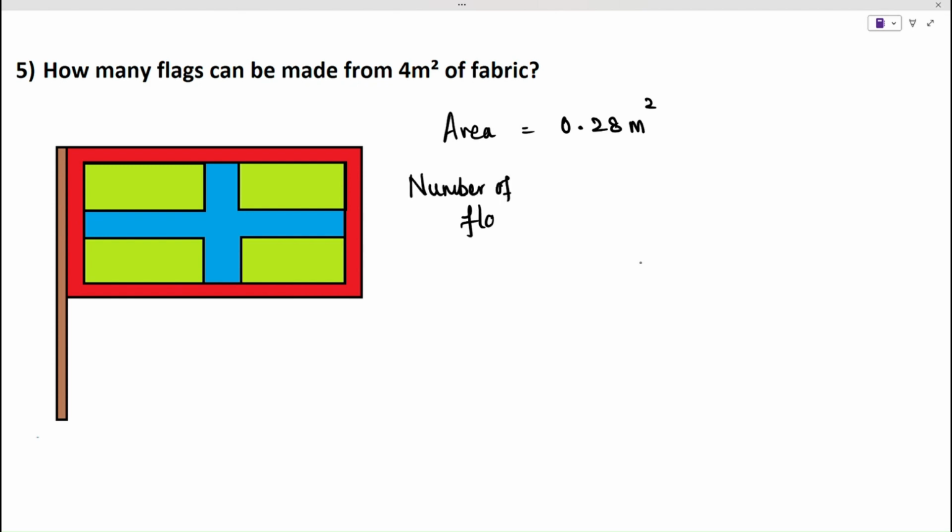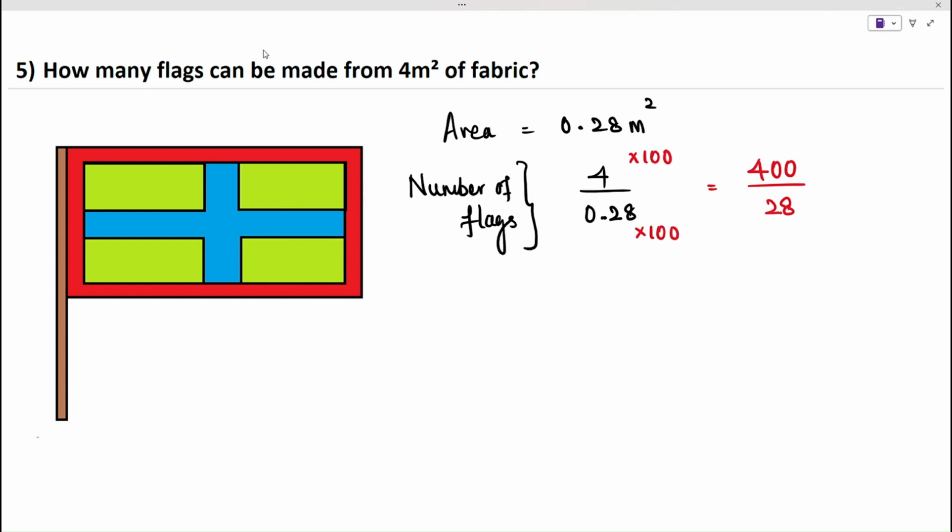Now, a nice easy way we can do this is we can set it up as a fraction. So we have 4 over 0.28. Now what we can do is multiply our numerator and our denominator by 100. This gives us 400 over 28. Now we can divide our numerator and our denominator by 4, simplifying it.